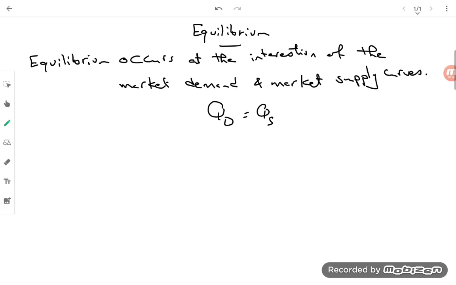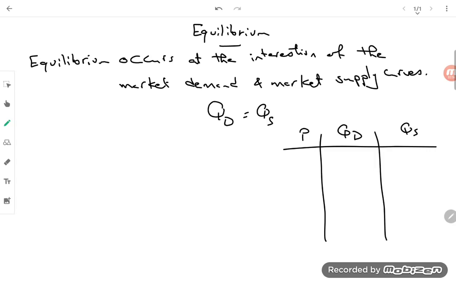So let's take an example. This is the price, quantity demanded, and the quantity supplied for a specific product.